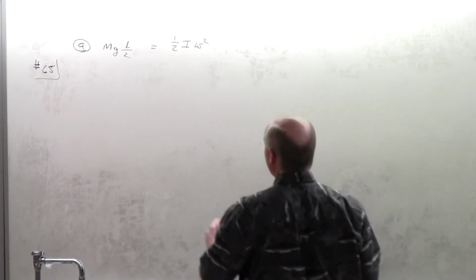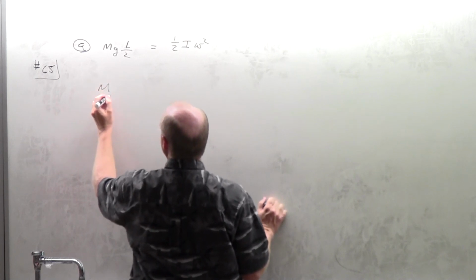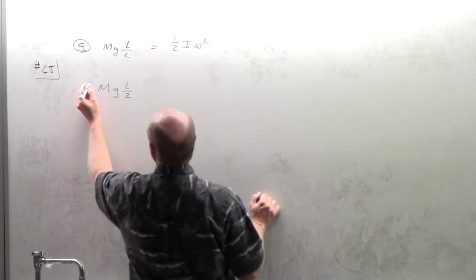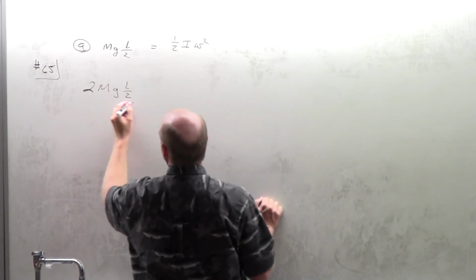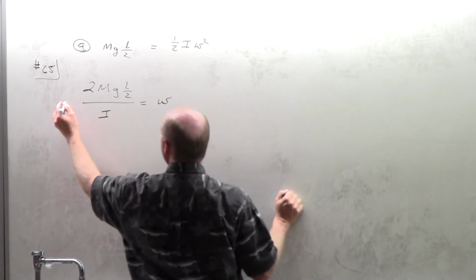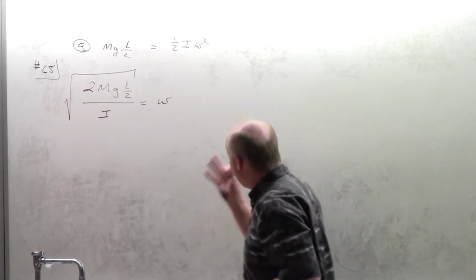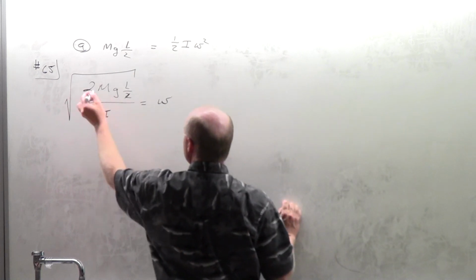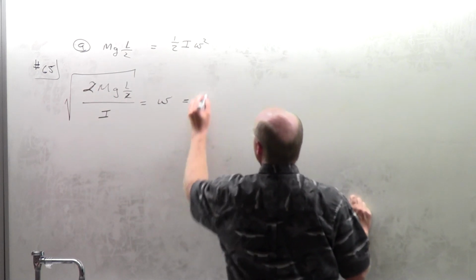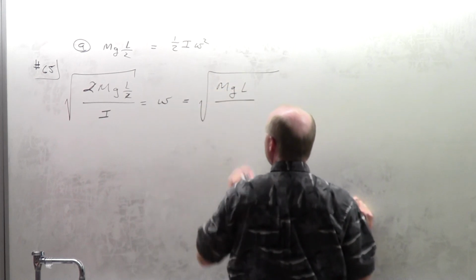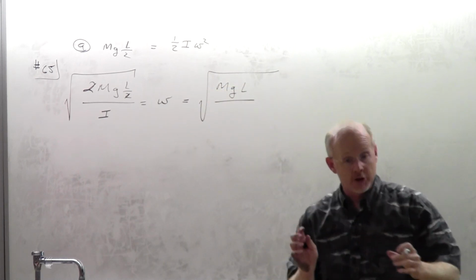So, as I go to write this out, I say mgL over 2, and I bring this 2 over, and I bring the I over, and I get my omega squared and take its square root. That would be the equation for its angular speed. And then fortunately the 2's cancel off there. And so I would have an m, a g, and an L divided by I. And that's what this first part is asking.